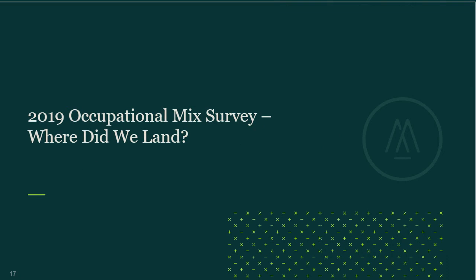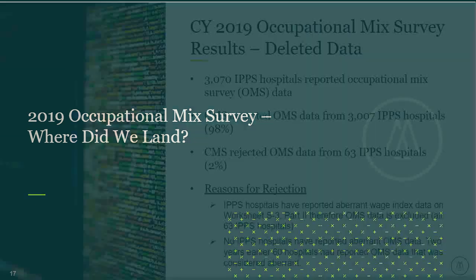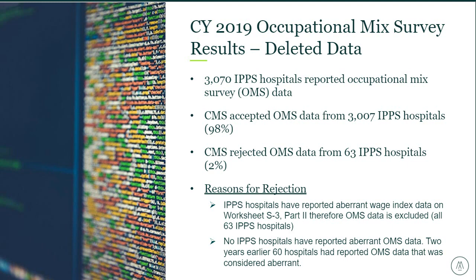In this section, I want to spend some time on the current Occupational Mix Survey. We're getting to the end of the life of that survey, and it's important to understand where we are with that survey. Where did we land? So to begin, the current Occupational Mix Survey is based upon calendar year 2019 data, and it was submitted to CMS initially during calendar year 2020.